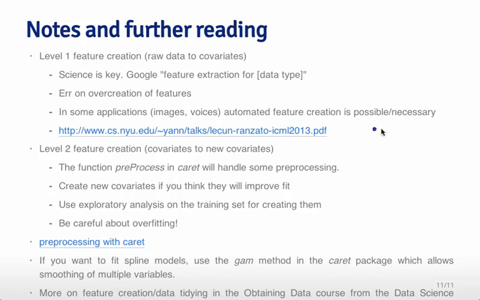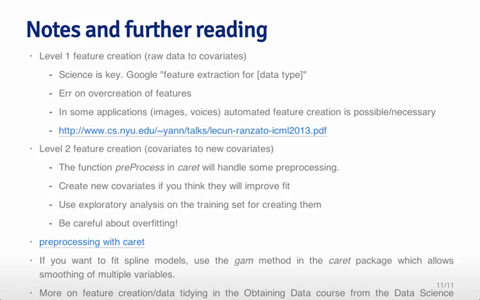And so there are things like, you may have heard of deep learning, which is basically a way of creating features for things like images and voice. And this is a nice tutorial I've linked to here that explains how that feature creation process works for those things. But in general, automatic feature creation requires an equal level of thinking to make sure that the features being generated by your feature creation process make sense.